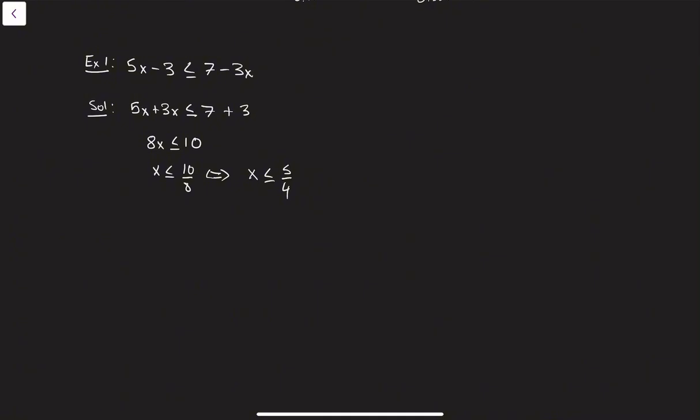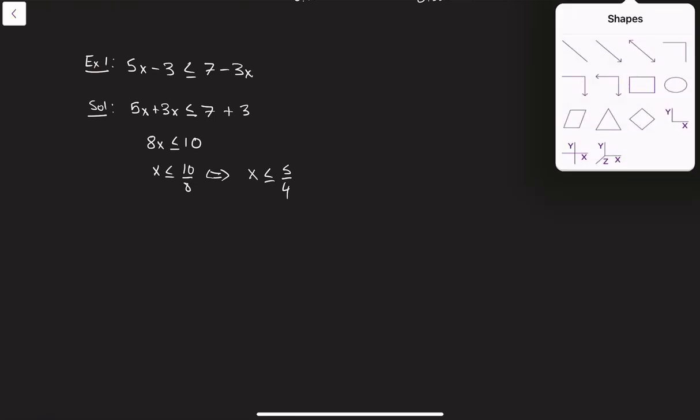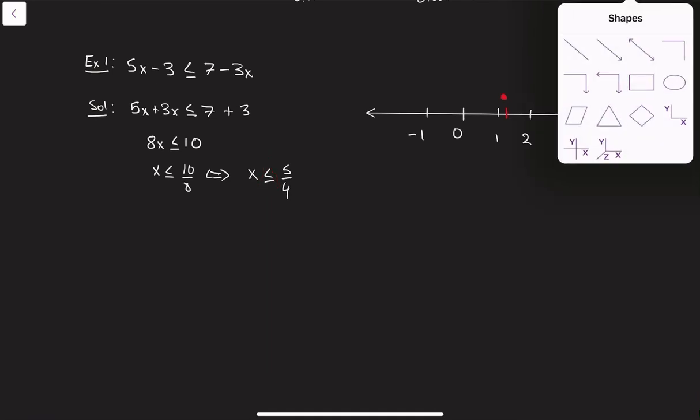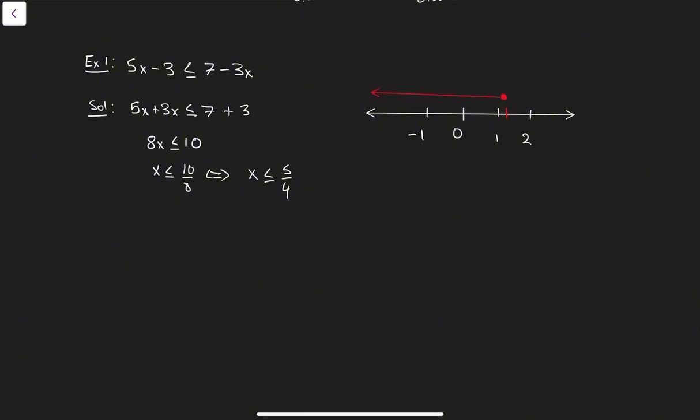If you guys recall how to represent this in interval notation, again, let's draw a number line quickly. Let's put 0, 1, 2, -1. We have 5 over 4 approximately right here. We'd fill in the circle because we have the less than or equal to sign. And then we go all the way to -infinity because there's no bound on it.